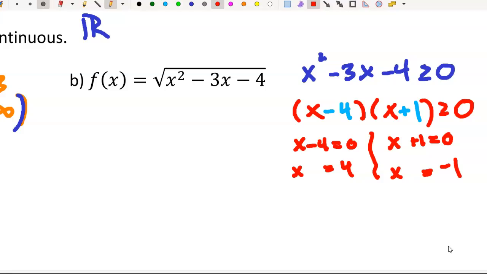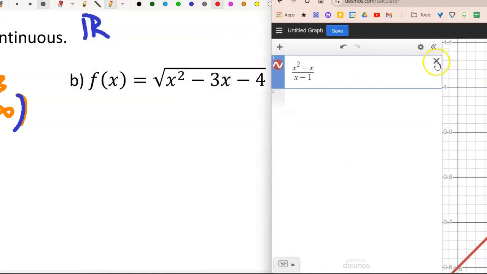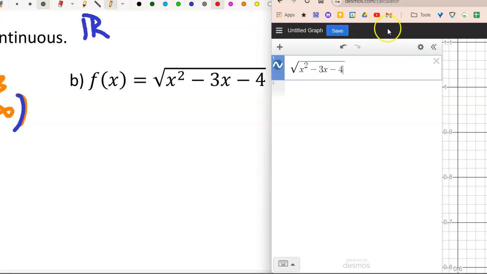So just for kicks, let's take a look at the graph, because chances are we probably can't just look at this and know exactly what it looks like. So let's just take a look at the graph. I can always type square root of x squared minus 3x minus 4. There we go.